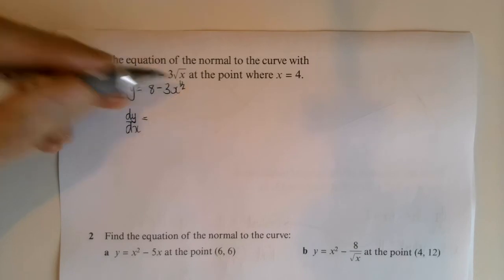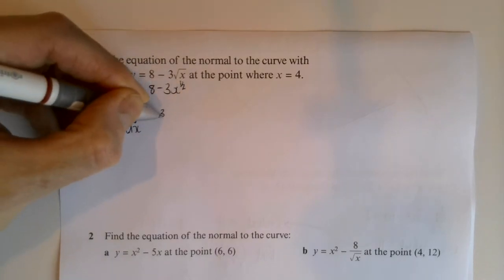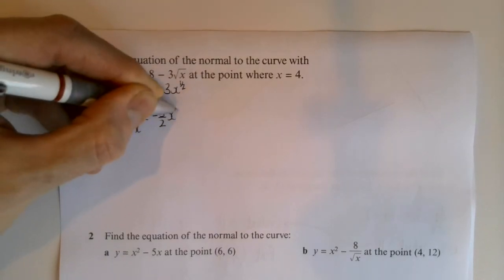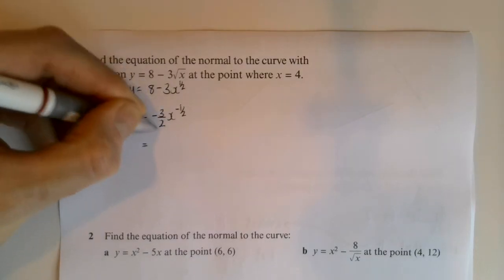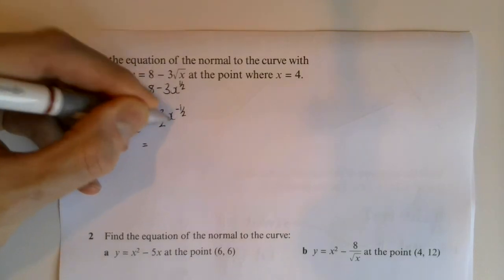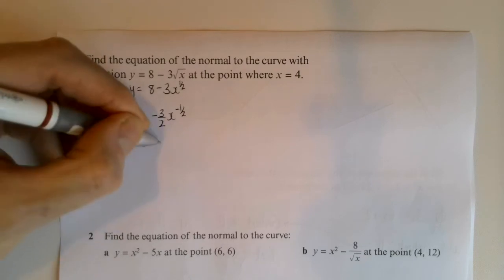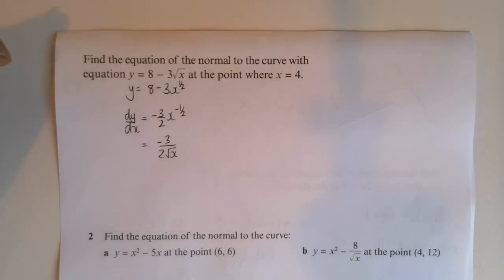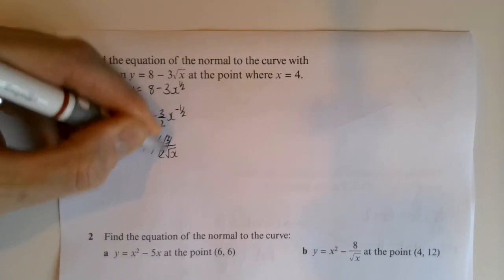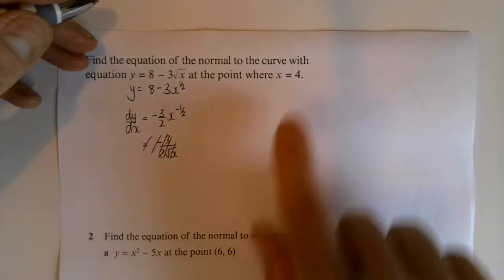So minus 3 times a half, I'm going to write that as minus 3 over 2. Now I could rewrite that: this is minus 3 over 2, this is 1 over the square root of x. And that's useful to be able to do. But actually, I'm not going to worry about it now because all I'm going to do is substitute in x is 4.